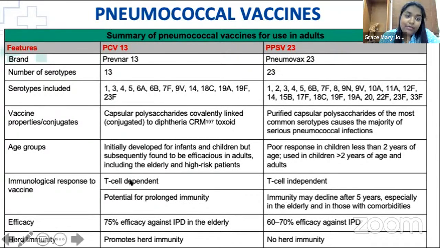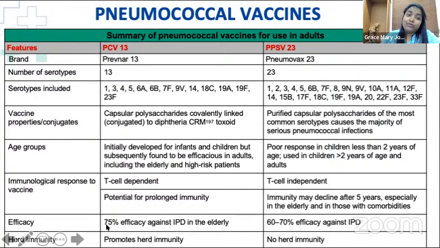And the reason why PPSV did not act well was because it was T-cell independent. It was usually by the humoral response by B cells, which is not very good in children. But the PCV, the conjugate vaccine, is T-cell dependent, and therefore it can provide prolonged immunity. Now, the efficacy is almost 70% for both.